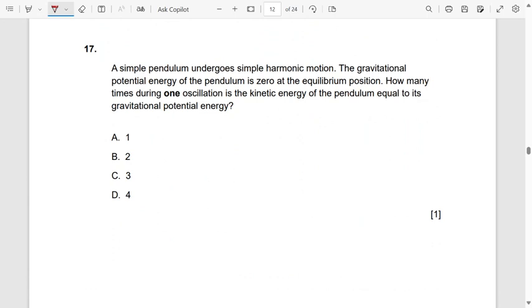A simple pendulum undergoes SHM. So we're looking at how many times during one oscillation do the kinetic energy and GPE equal each other. Okay, so I'm going to draw a graph which is going to show the energy.